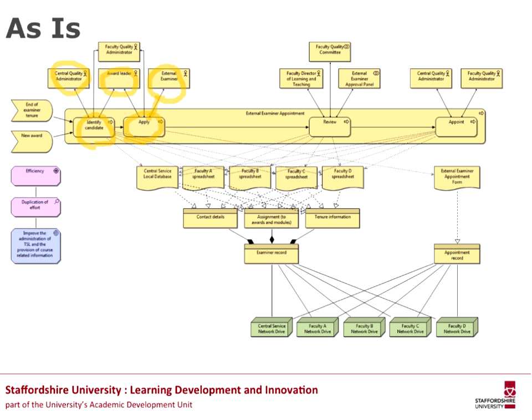Now, the top bar is the process. So the external examiner applies for the post, and then it's reviewed by the approval panel up here. The approval panel basically has the quality committee on board, and they decide whether the examiner is right for that post.